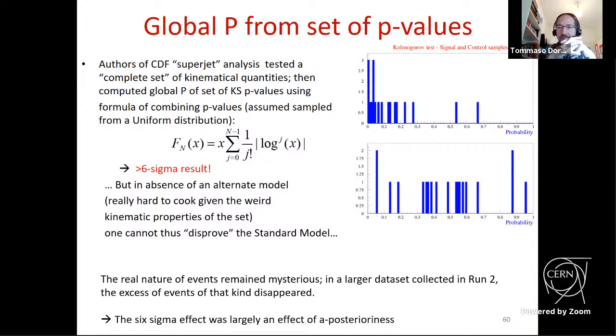If you allow yourself to select the region of interest a posteriori, as has been done in this particular case, you can always find very, very small p-values for accumulations, overdensities of events. I hope this, did I answer your question?